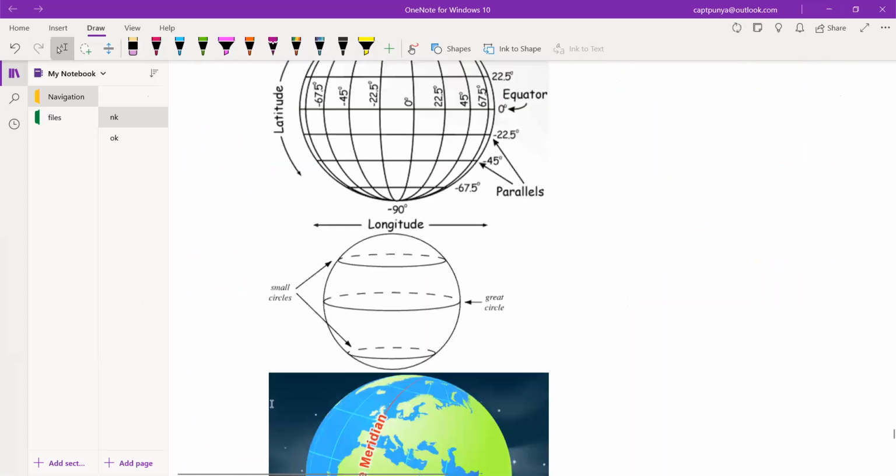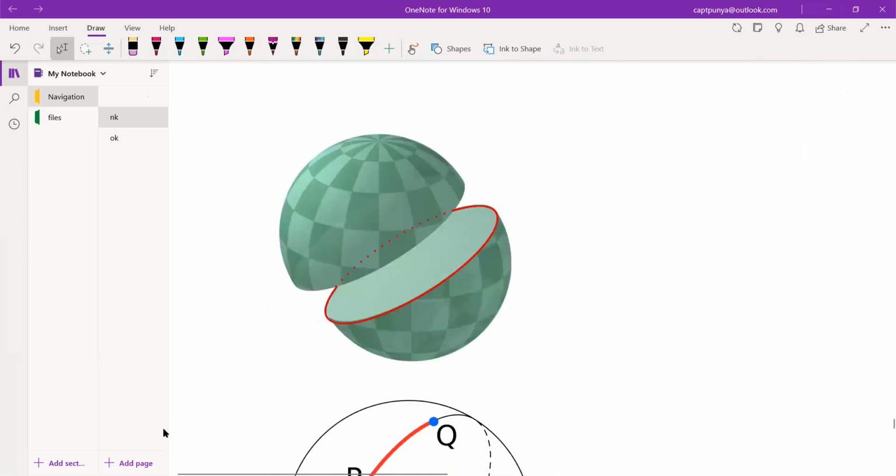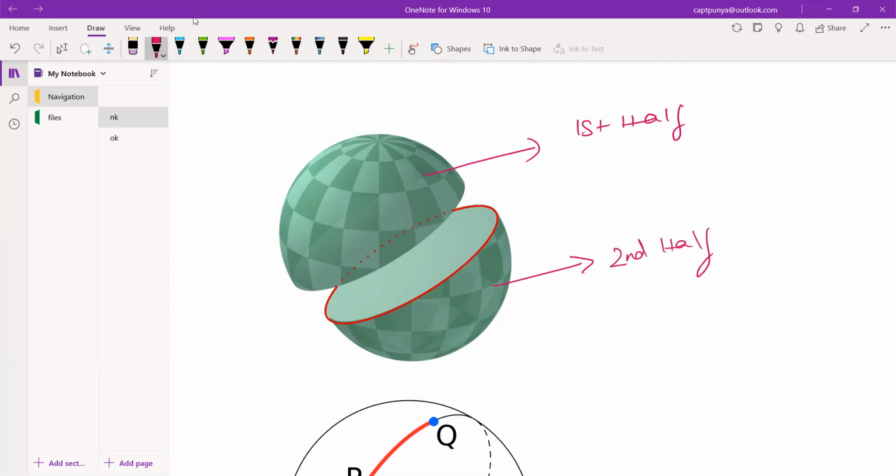So have a look here, guys. Let me show you here. This is your great circle. You can see here clearly, this is your great circle. It has divided the earth, this is the 3D diagram for you, into the first half, and this can be taken as your second half. So it has divided the earth into two equal halves, and it has the same center and the same radius as that of the earth.